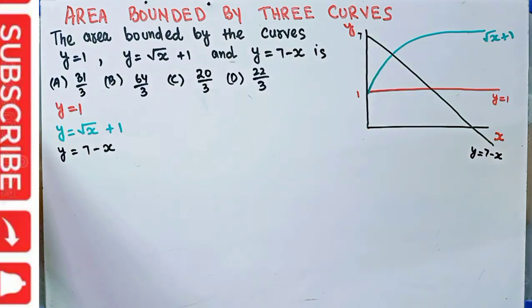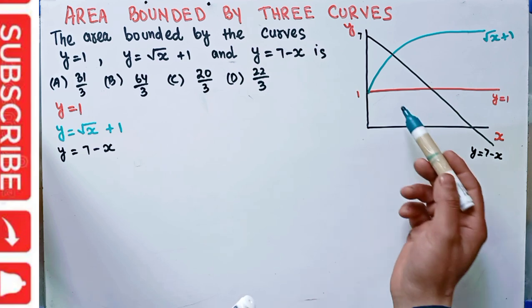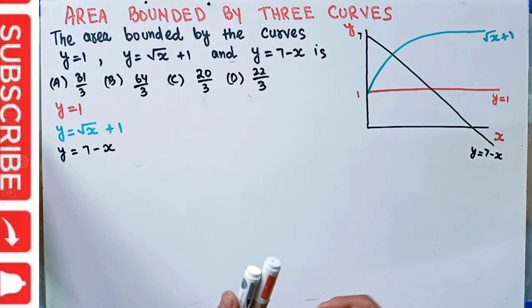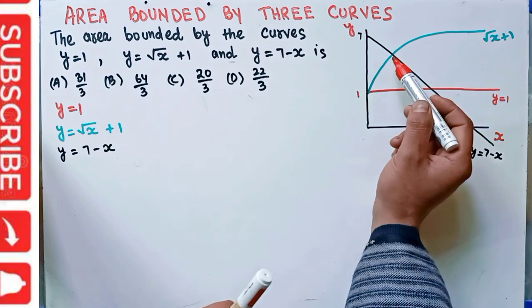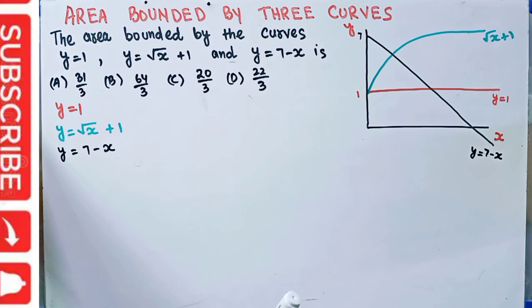We are being told to find the area which is bounded by these three curves, that is the red, green and black curves. So obviously this area is the one which we are interested in. How do we find the area of this?